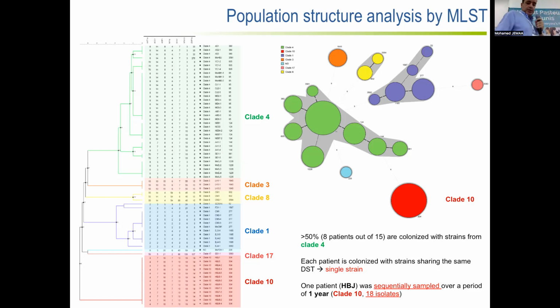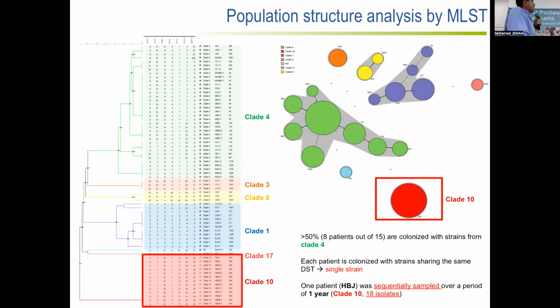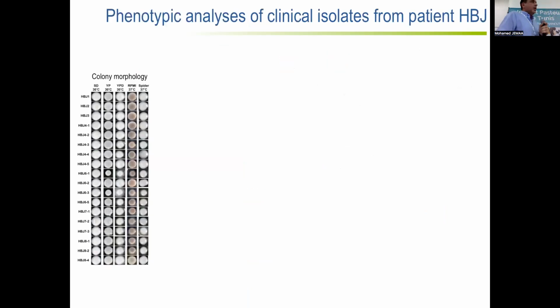One patient in particular, shown here, was sequentially sampled over a period of 1 year. It carries a clinical isolate from clade 10. So it's a nice model to look at how the strain behaves and evolves during time in that patient, to try to detect determinants of the ability of Candida albicans to constantly colonize the airways of those patients.